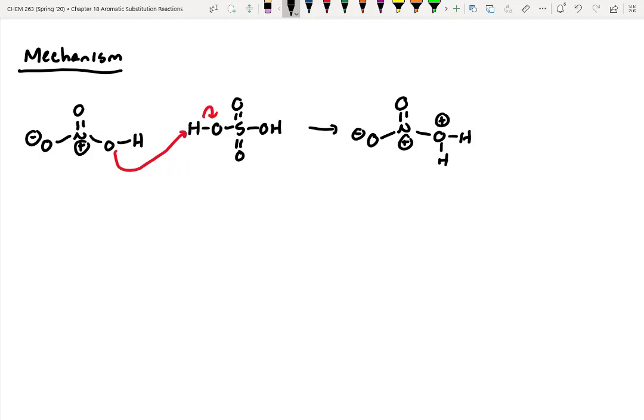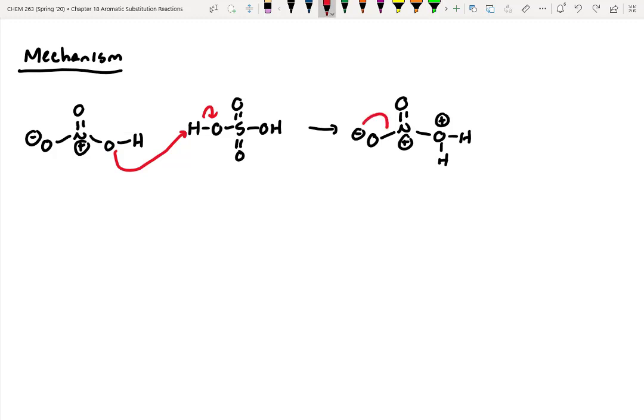Now some students will ask, why did we protonate this oxygen and not this oxygen? The reality is both could be protonated. However, if we protonated the green highlighted oxygen, it doesn't take us in a useful direction. So I'll show you why the yellow highlighted oxygen, if it gets protonated, takes us in a useful direction.